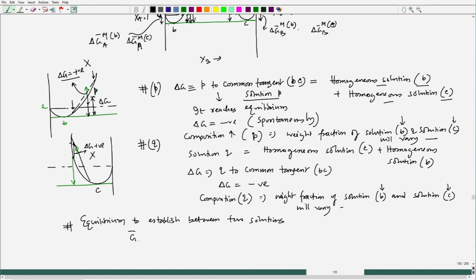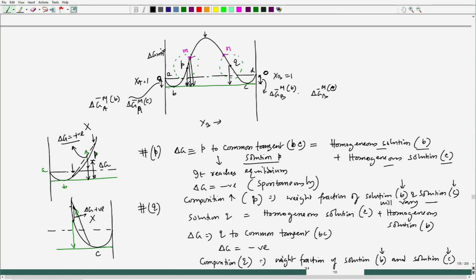So, we can write G bar A of composition B, since we are breaking into two phases B and C, should be equal to G bar A of composition C. This particular plot, these two points can be expressed in other forms. Why? Let us say I take a solid solution. These two points, and the temperature I am taking is below TMA and below TMB.